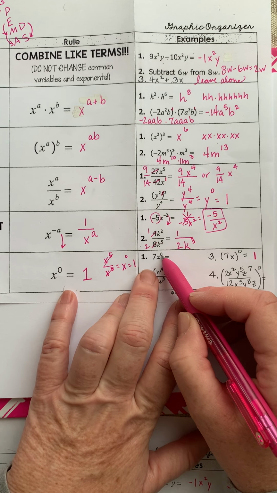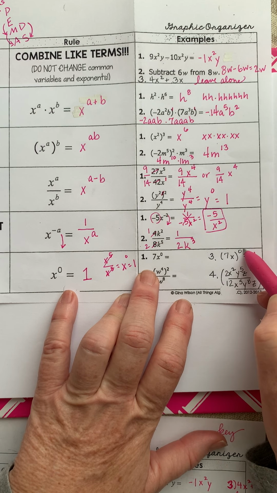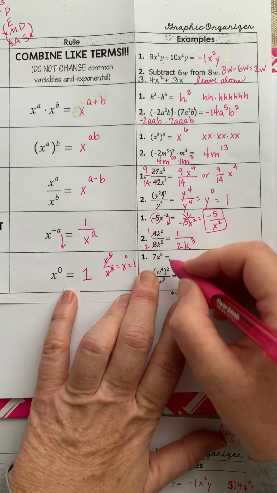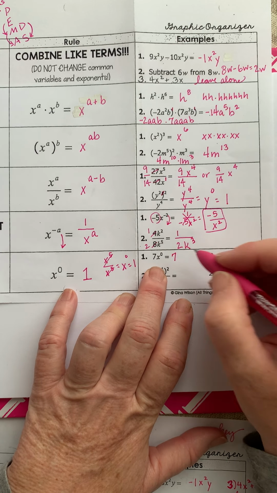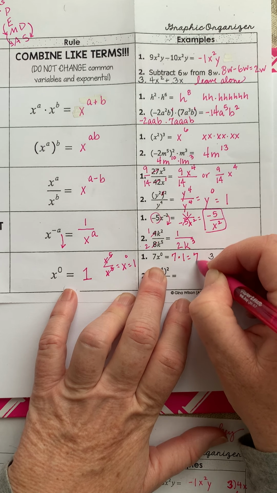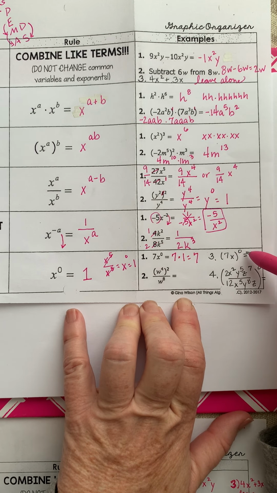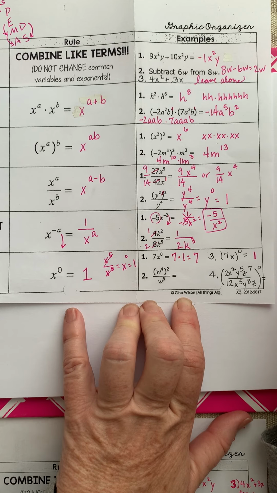Only the x is. Over here I have parentheses, so the entire thing is being raised to the 0 power. Over here, the 7 is going to stay. The x to the 0 is going to turn into a 1, and so I'm going to end up with 7. So it's really important that you understand the difference between these two. Here, the entire thing is raised to the 0 power.